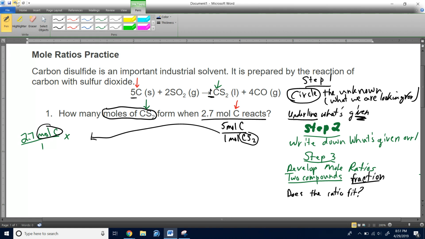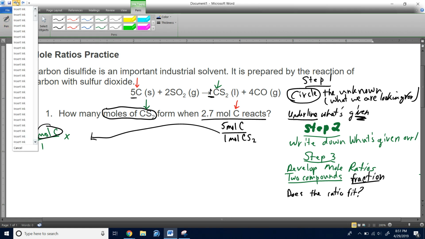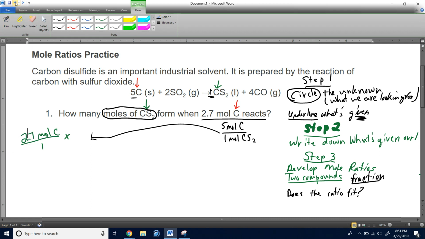So in that case, we have to rearrange our mole ratio. Okay, so what we have to do is flip these guys. So do a little flipperoo there, and then we get 1 mole of CS2 over 5 moles of carbon.